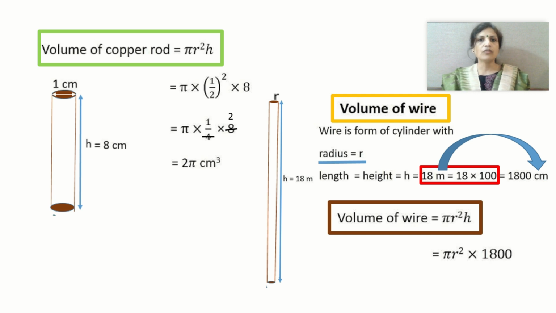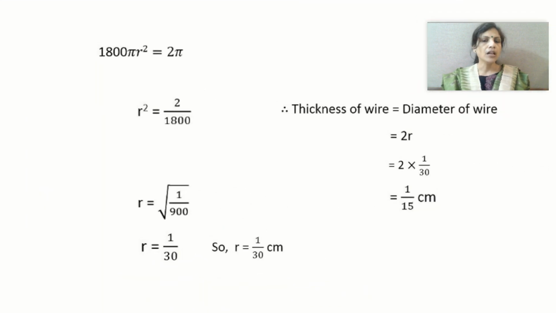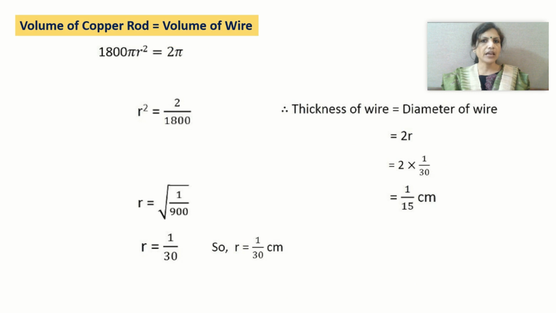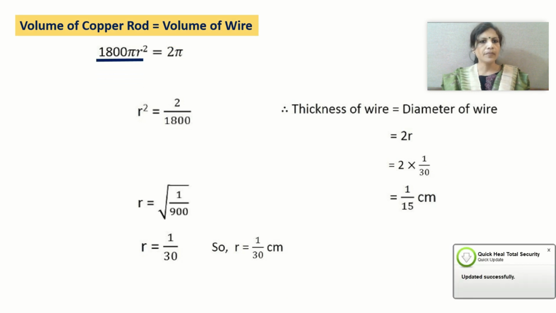And the radius of the wire we have considered as r. So let's now do that. Let's equate the volume of the rod and the volume of the wire. So volume of the wire we have just calculated as 1800 pi r square and volume of the rod is 2 pi. Now from both the sides we can cancel out this pi.